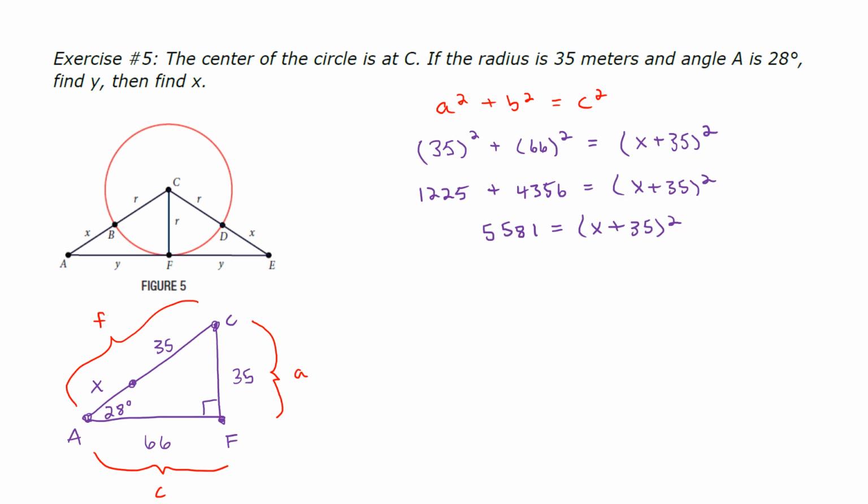Okay. Now I want to get rid of the square on the right hand side. So to do that, I'm going to take the square root of both sides. So now I have x plus 35 equals the square root of 5,581.